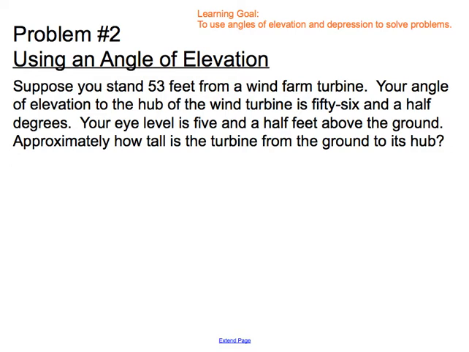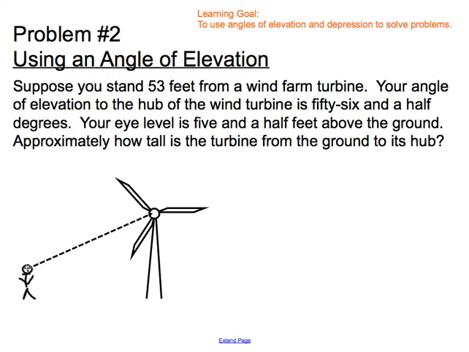So let's start by drawing a picture. So here's our wind farm turbine. Here we are standing 53 feet away from it. We're looking up at the hub at a 56.5 degree angle. If we were to look along the horizon, this is what we would see.